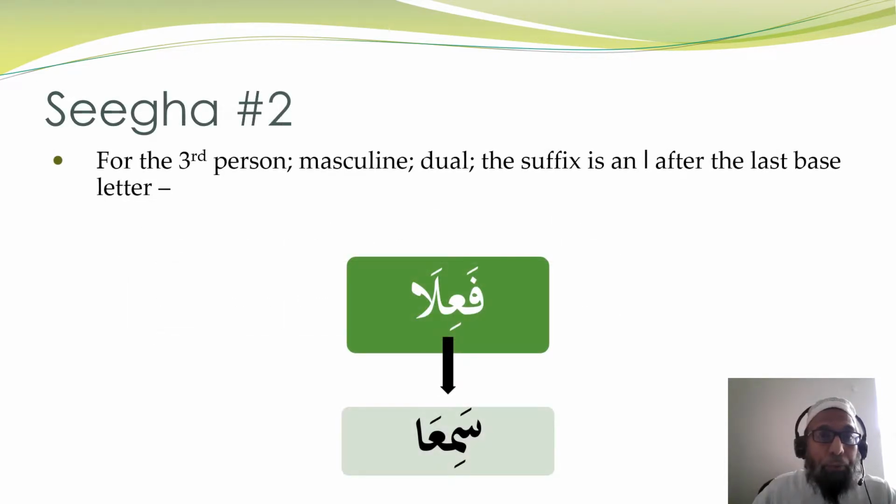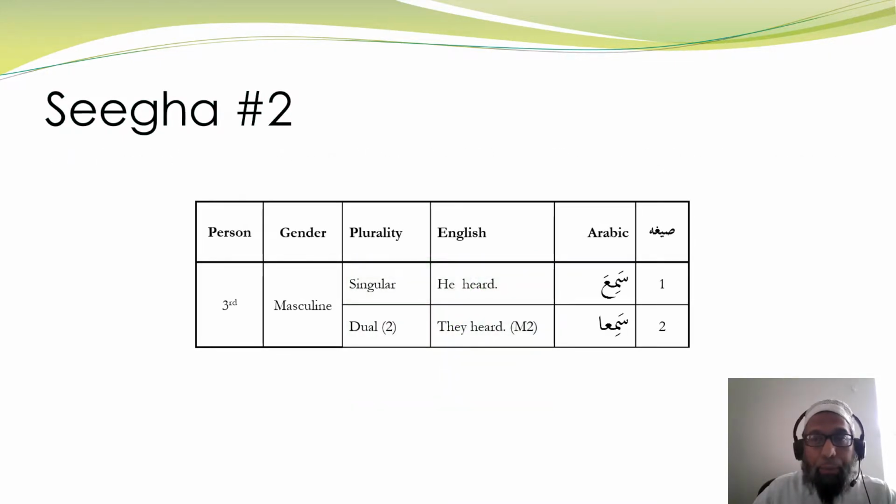Sigha number 2, third person masculine dual. There's a suffix added to the end, which is the alif after the last root letter. Fa'ila, sami'a, adding the alif. So this is sami'a, sami'a.